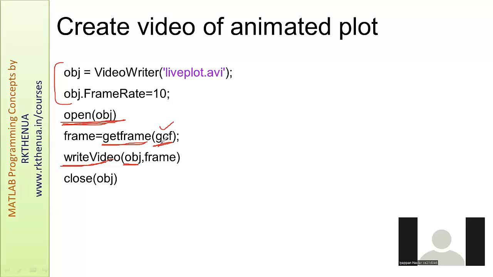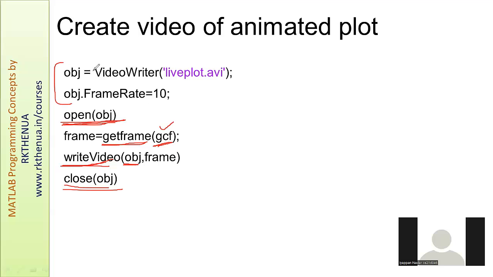Whatever is plotted in that figure, it will capture that. So it will capture that frame, and that frame will be written into a video. After this whole process is over, just close the object. So these are the steps to create one video through a set of images or set of figures.